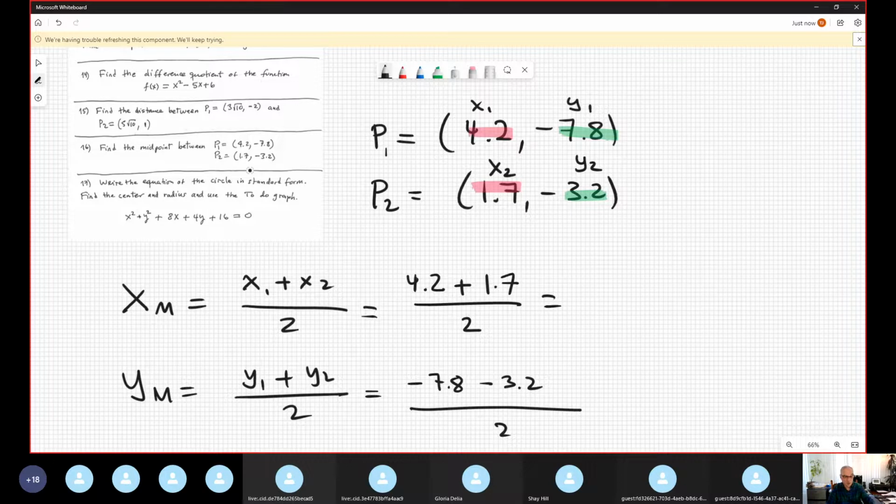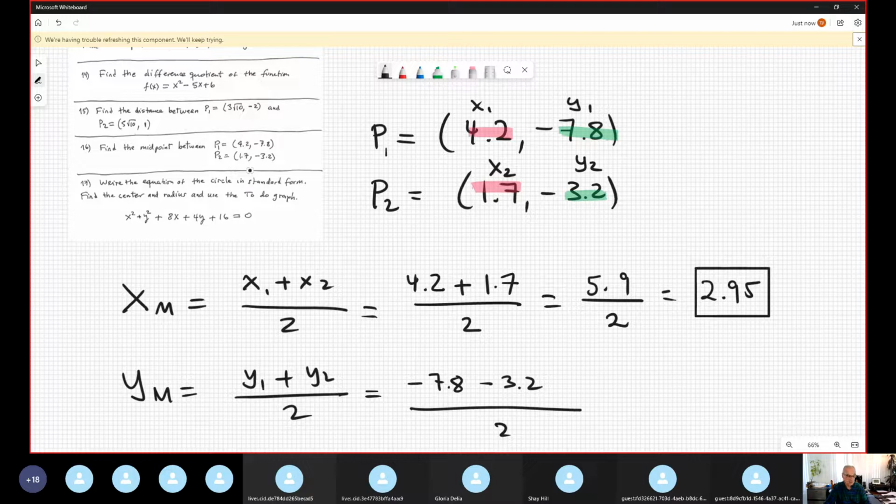Okay, let's do the first one. Put it in the calculator, no? 4.2 plus 1.7 is 5.9. Obvious, no? Divided by 2 is 2.95. Okay.